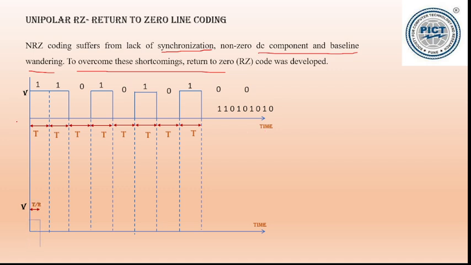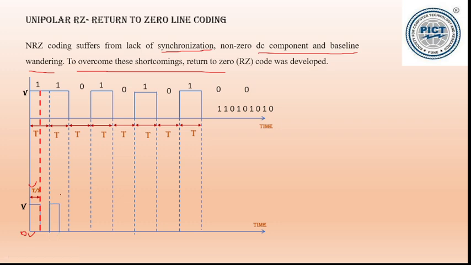It is using the voltage levels as 0 and 1. Now return to 0, so every 1 bit is represented for t by 2, that is plus V volt, and it is returning to 0 for half of the time period. See, 1 is represented for t by 2 and then it is returning to the 0 level, which is the basic 0 level here.